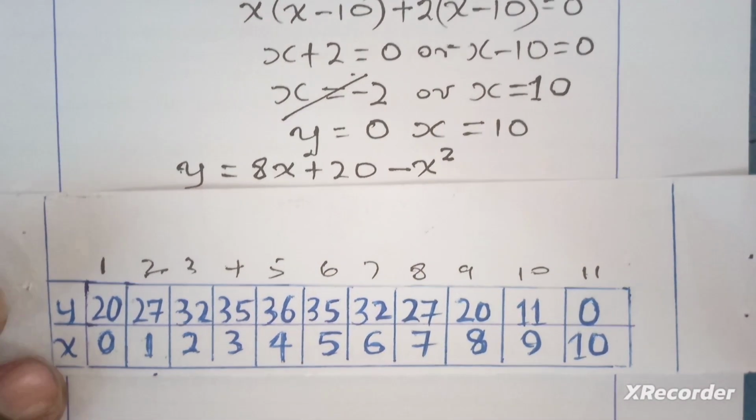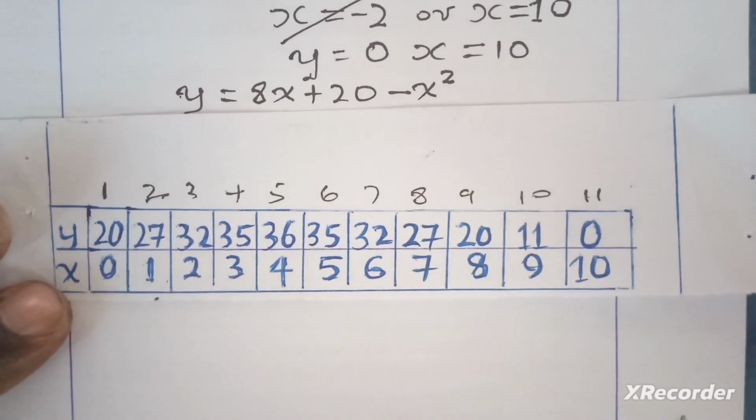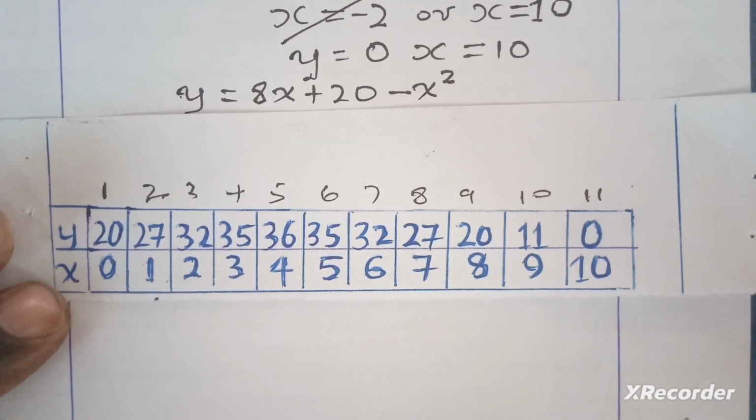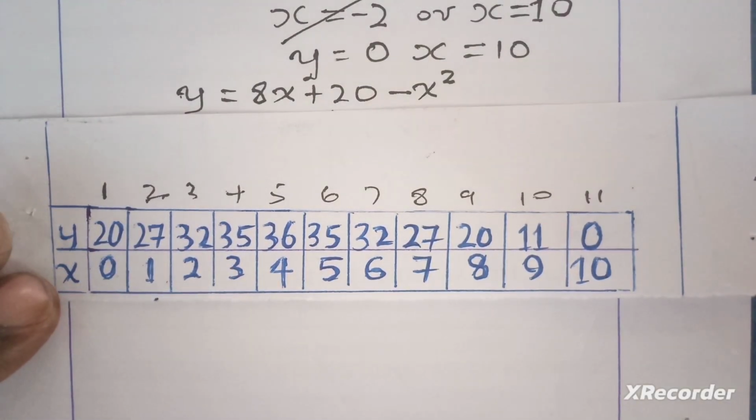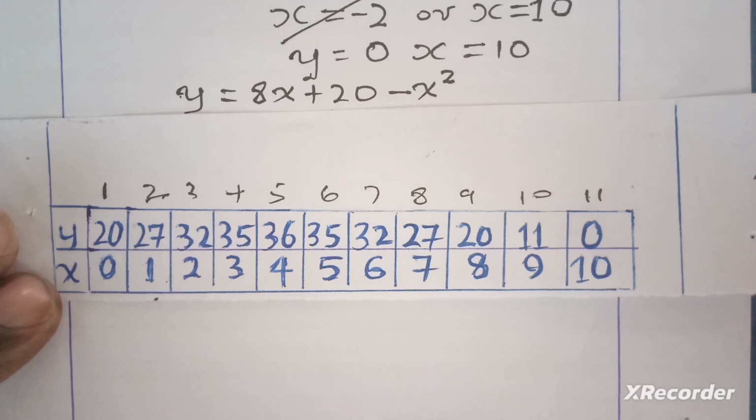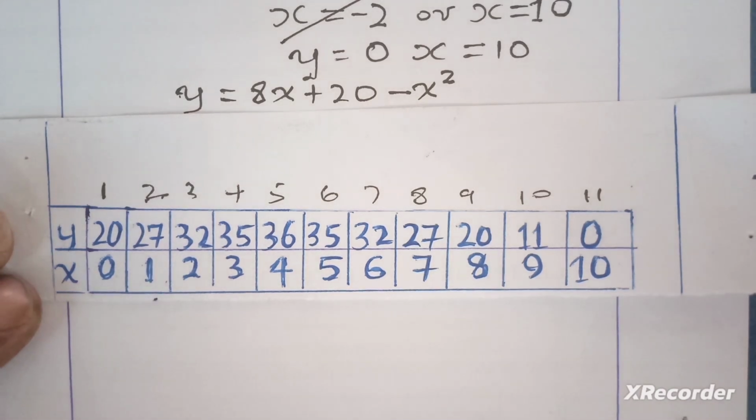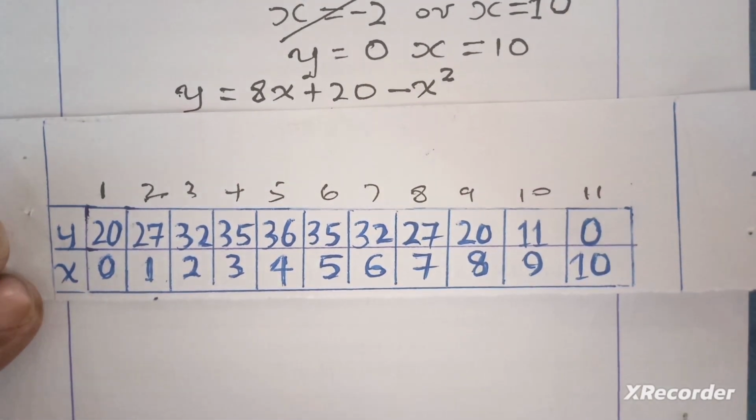From there, guys, we can either draw the diagram for that, or we can calculate directly. I'm going to calculate directly, but I'll still show you the graph I have drawn.